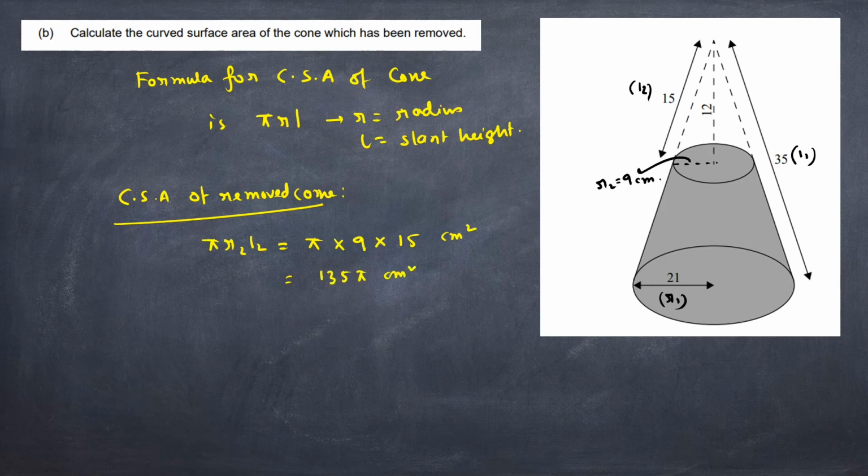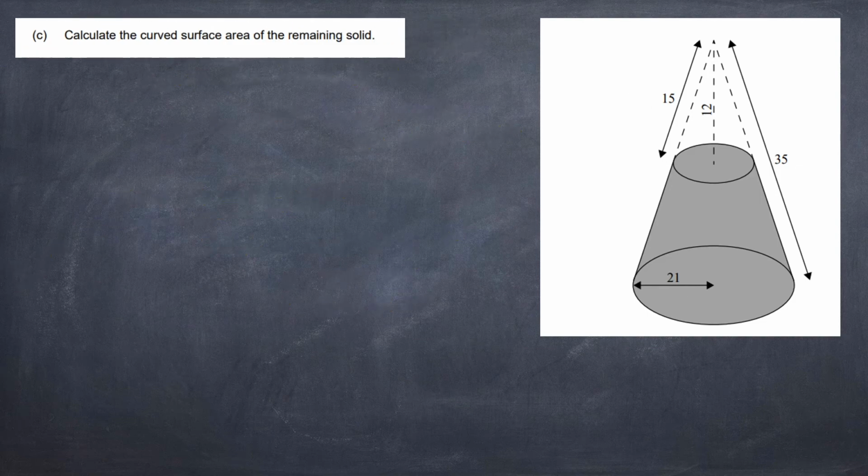You can also keep the answer in this way, but it is good to use the approximated value of pi, that is pi equals 3.14, and multiply this with your answer, then you will find the answer to be 424.29 centimeter square. So this is the curved surface area of the cone which has been removed from the original cone. Now the last portion of this problem.